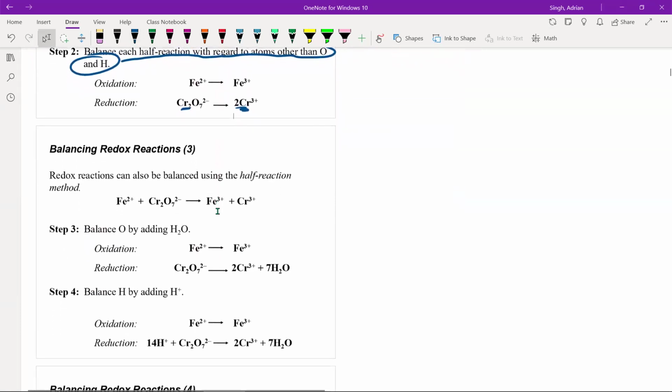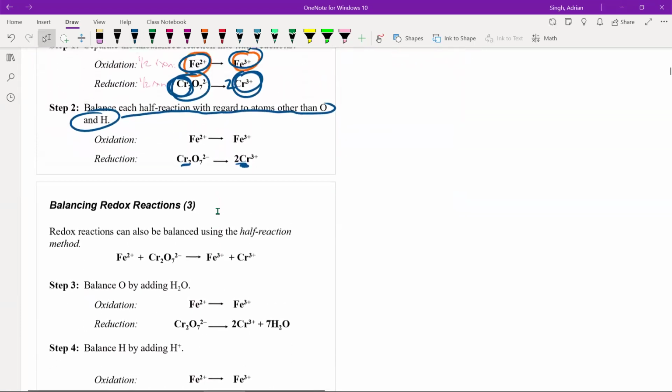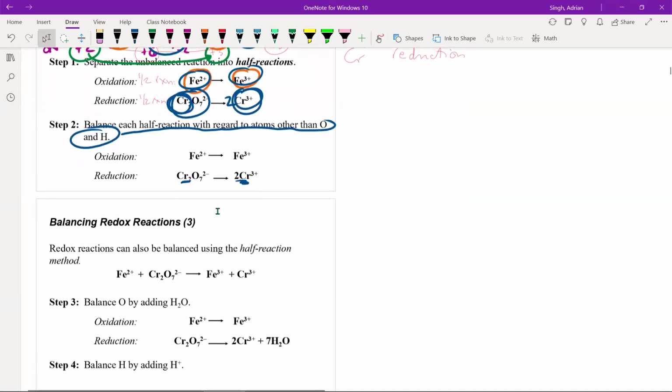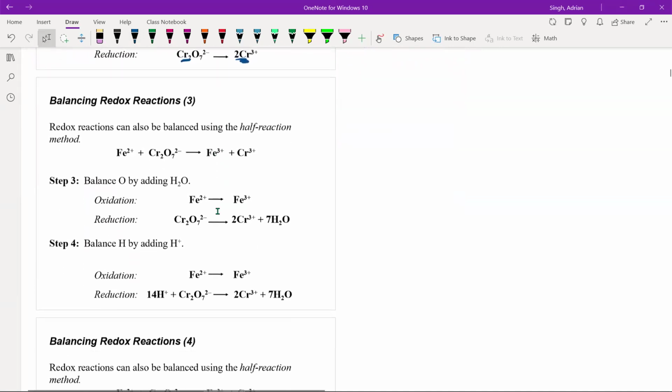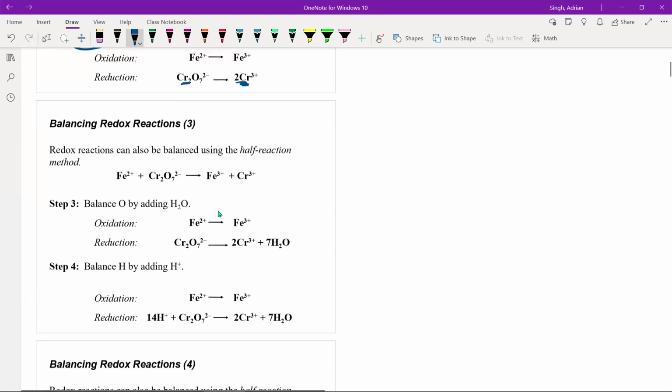The next step, after we balance the non-O and non-H atoms, is to balance the O's by adding H2O to the side where we need oxygens. In the case of the Cr2O7, the reduction half reaction, I have 7 O's on the left side.